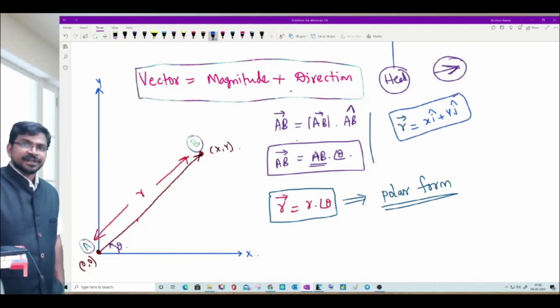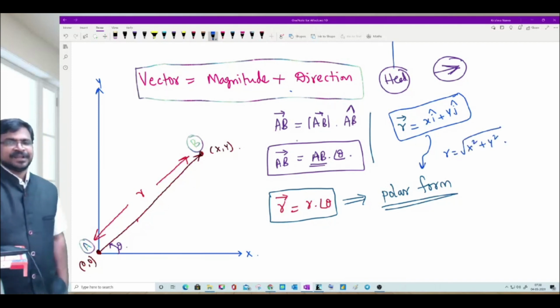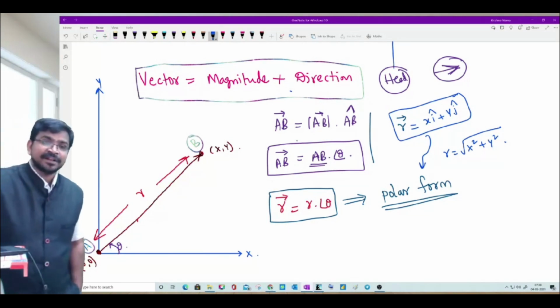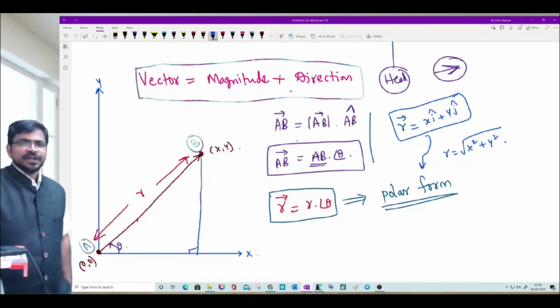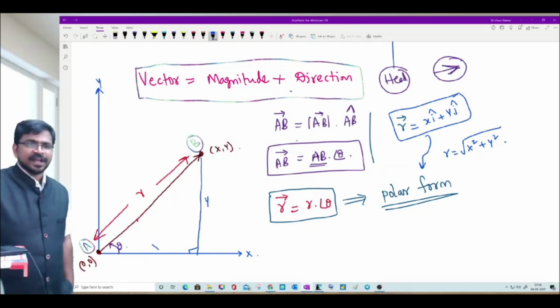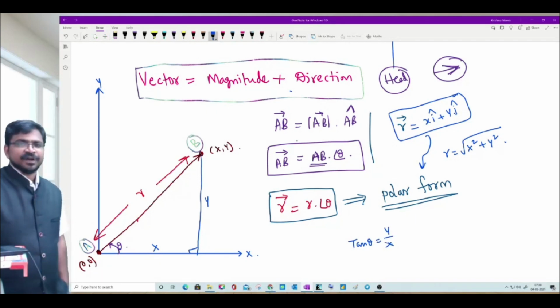And to represent it in polar form, what is needed? Magnitude. R is equal to, we know, the square root of x square plus y square. And to get theta, how to handle? Simple. Just construct a right angle triangle here. I want theta, and I know the y, I know the x. So tan theta is opposite side by adjacent side, y by x.